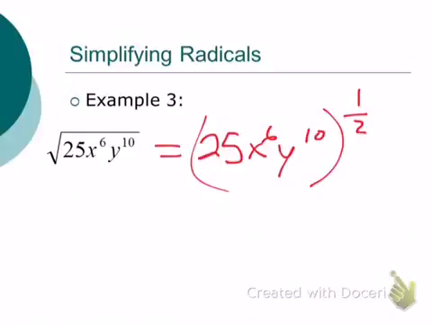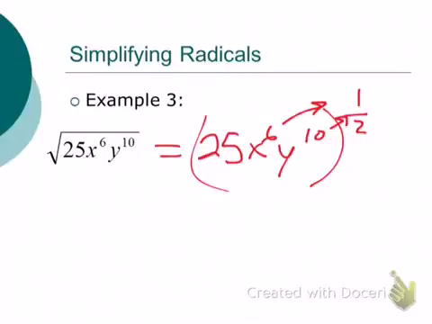Right? The square root is the same thing as raising something to the 1/2 power. Now, back to the laws of exponents 2 or 3 lessons ago. How do you raise a power to a power? You multiply, right? 6 times 1/2, 10 times 1/2. And multiplying by 1/2 is the same as dividing by 2, right?